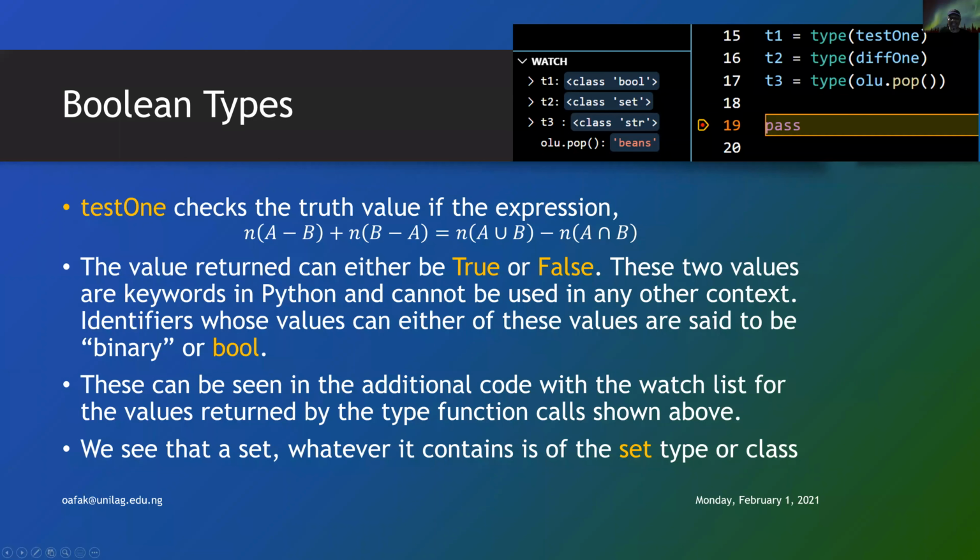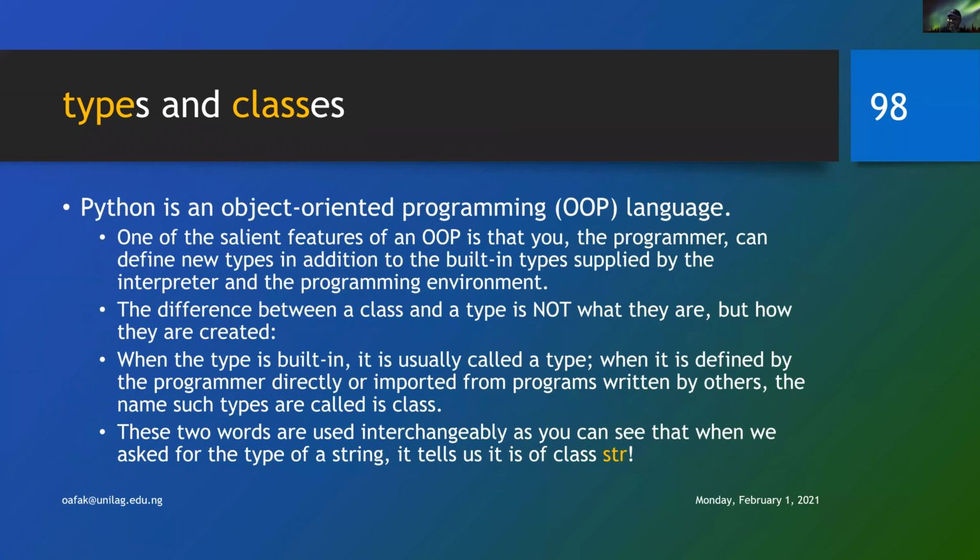When the type is built-in, it's usually called a type. When it is defined by the programmer directly, or imported from programs written by others, such types are called classes. These two words are used interchangeably, as you can see when we ask for the type of string. It tells us it is of class string.